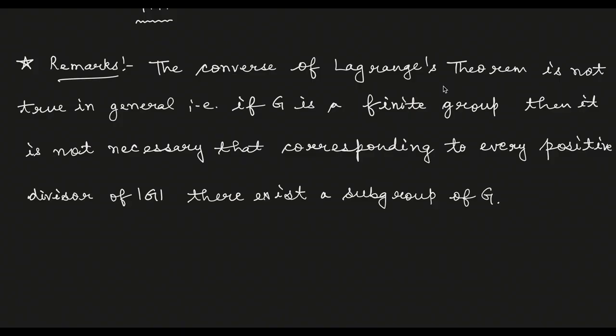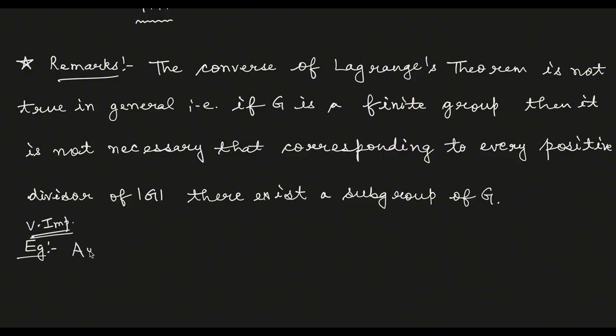That is, if G is a finite group, then it is not necessary that corresponding to every positive divisor of the order of G, there exists a subgroup of G. Example. This example is very important.